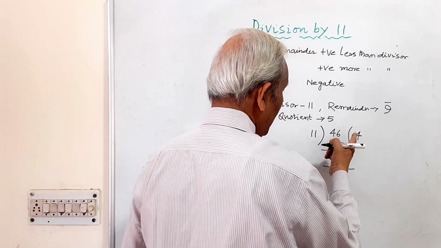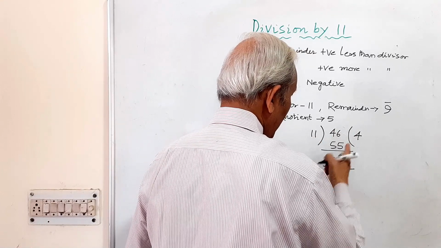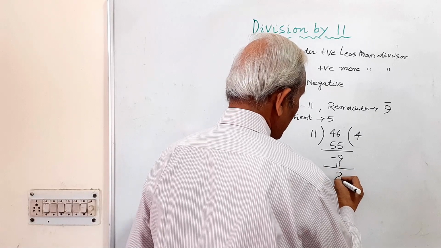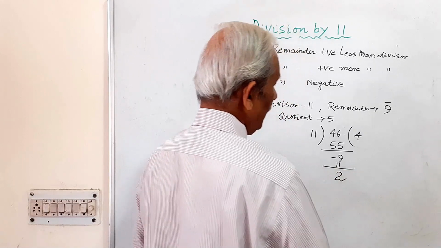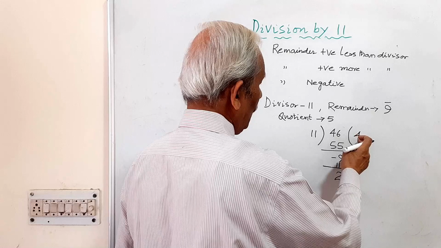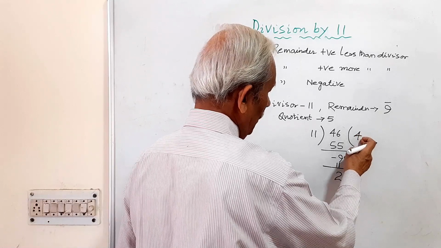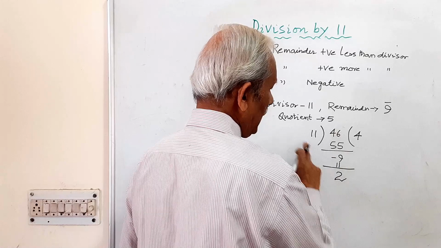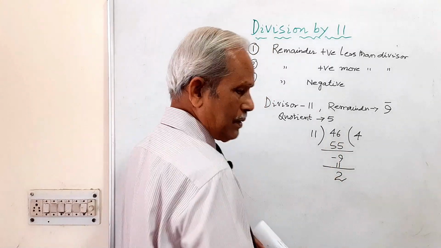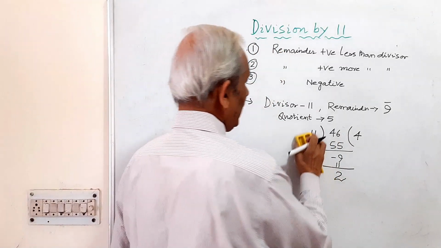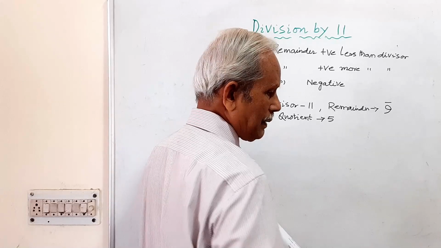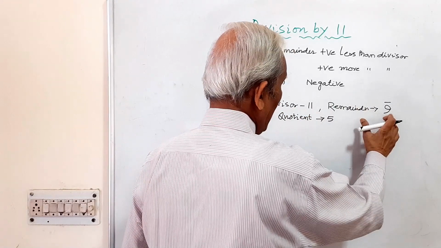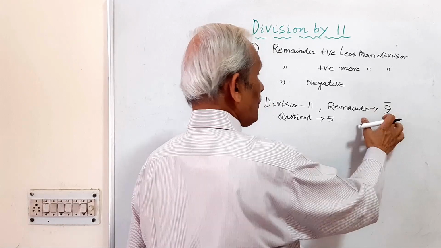You have taken 11 and you have reduced your quotient to 4, and now your remainder will become 2 and your quotient will become 4. See, 4 into 11, 44 plus 2, 46. This tallies. So simply understand it: when the remainder is negative, add the divisor with this as many times as required to make it positive.